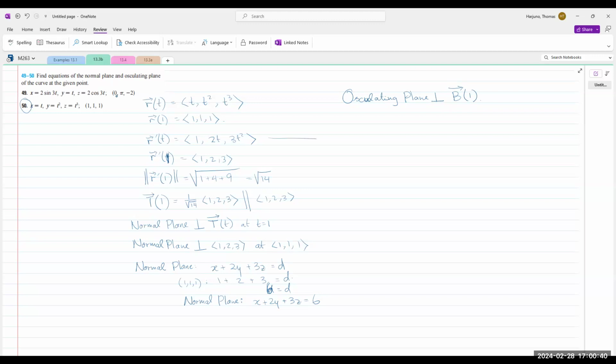So from here we have the magnitude of r prime t is square root of 1 plus 4t squared plus 9t to the fourth. Therefore, the unit tangent vector at time t is 1, 2t, 3t squared over that ugly expression.